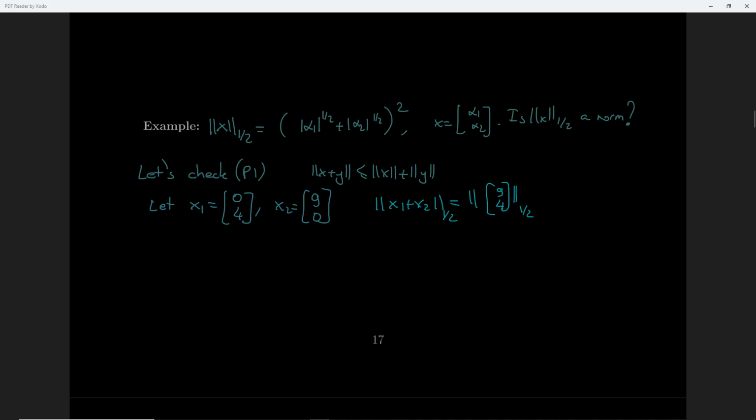So I will compute the square root of the first term, 3, and the square root of the second term, which is 2. 3 plus 2 is equal to 5, squared, that is equal to 25. Okay.